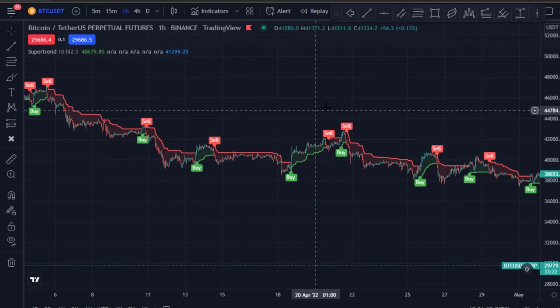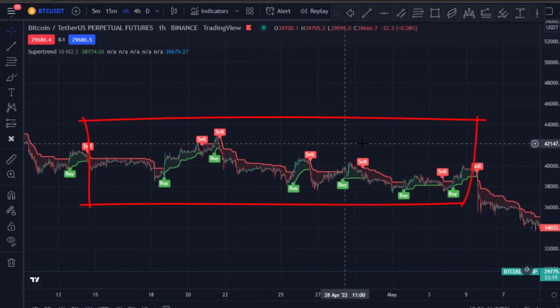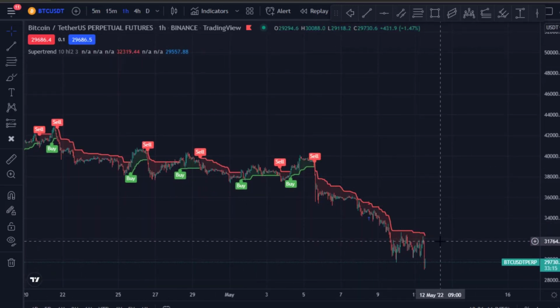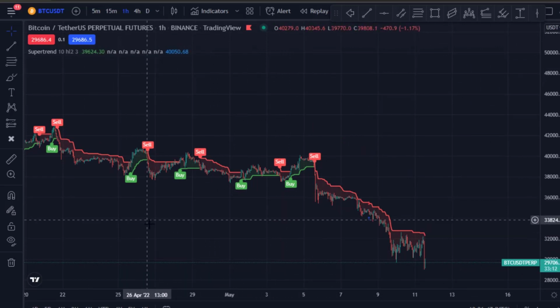Because the Supertrend is constantly showing signals non-stop, it will also show signals when the market is in a range, like in this example.